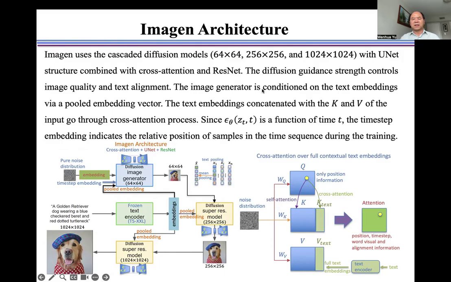The image generator is conditioned on the text embeddings via a pooled embedding vector, as shown here. The text embeddings concatenated with the key and value of the input go through the cross-attention process, as shown here.